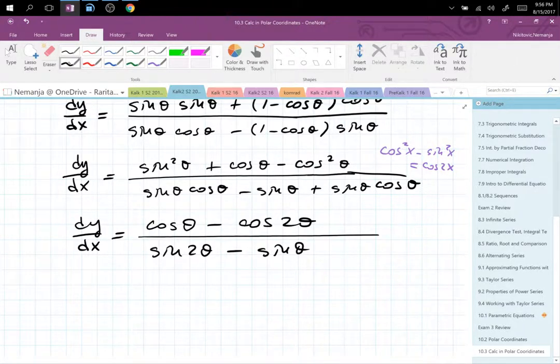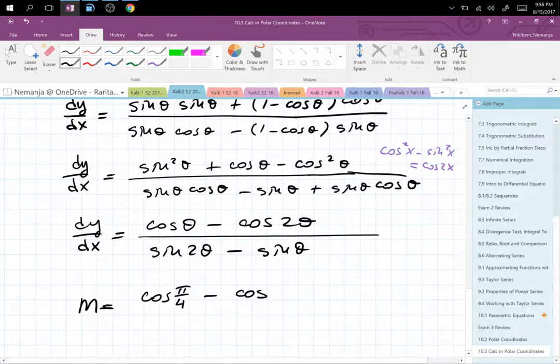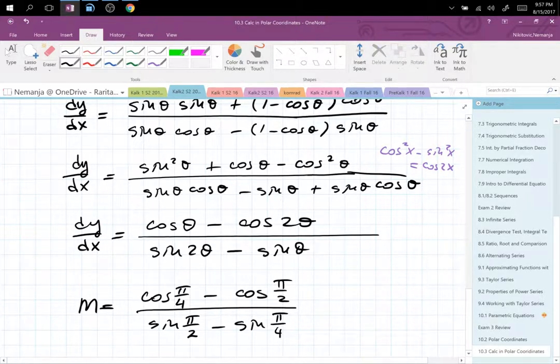Now, when we are plugging in pi over 4, the derivative becomes m, the slope. We have cosine of pi over 4 minus cosine of 2 times pi over 4, which is pi over 2, divided by sine pi over 2 minus sine pi over 4.